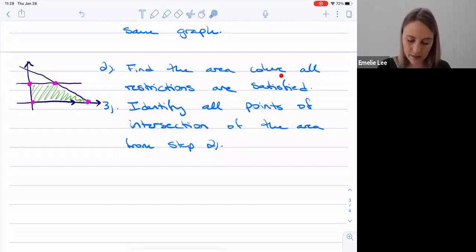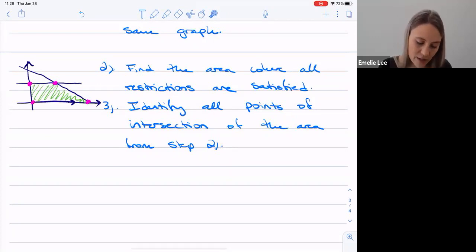So here, find the area where all restrictions are satisfied is going to end up looking something like this, okay? And usually what happens, and always in our case, we start here at 0, 0, and we just kind of bloom out until we hit a wall, right? And then that's the area where all the restrictions are satisfied. Then we go through and we identify all the points of intersection, right?